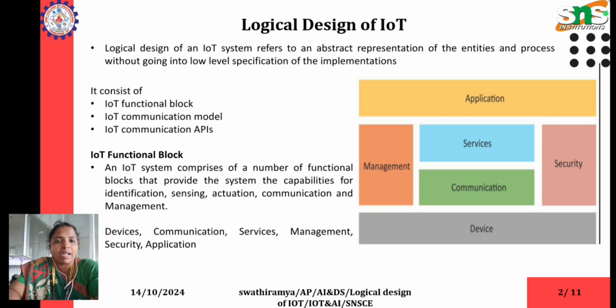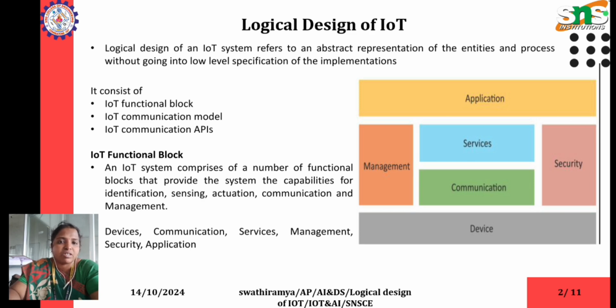An IoT system comprises a number of functional blocks that provide the system with capabilities for identification, sensing, actuation, communication, and management. And you have components like devices. As I told before, the device will collect the data and this will be communicated.